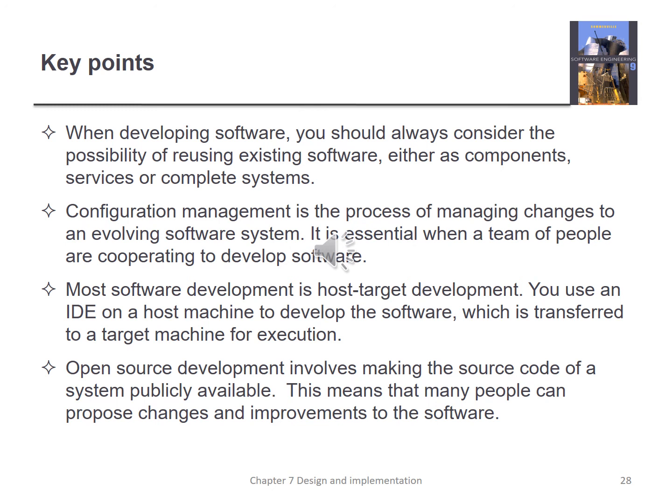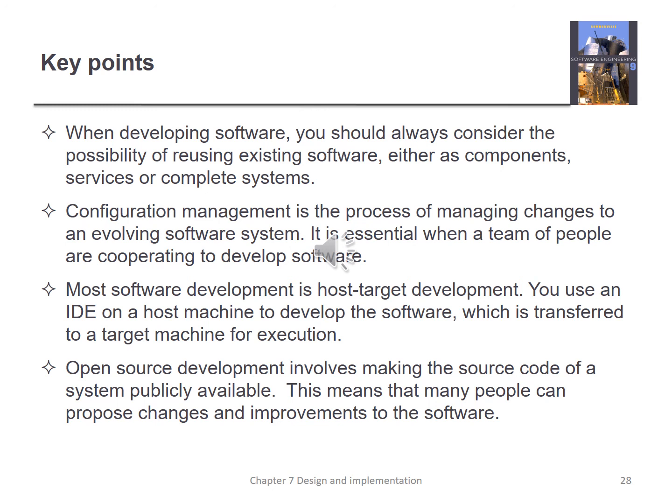Most software development is host-target development. You use an IDE, an integrated development environment, on a host machine to develop the software, which is transferred to a target machine for execution. Open source development involves making the source code of a system publicly available.